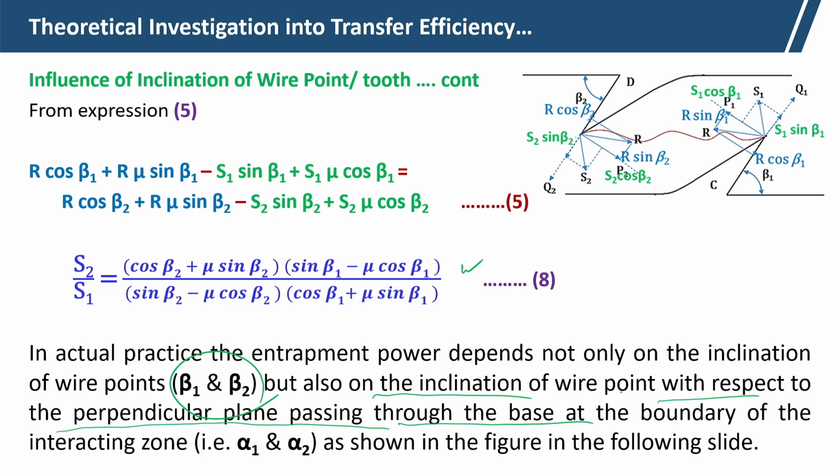So, here the alpha 1 also is passing through the base in the boundary of the interacting surface. So, in actual practice not only beta 1 and beta 2 are the factor, but also with respect to the perpendicular plane, the angles alpha 1 and alpha 2. So, that we are going to discuss in the next slide.